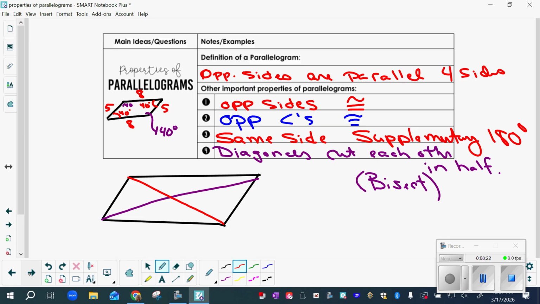That's okay, but they are cut in half. So check this out. If this guy is 15, then this guy is 15. And if this guy is 8, then this guy is 8. Do they have to be the same size? No, but they cut each other in half.